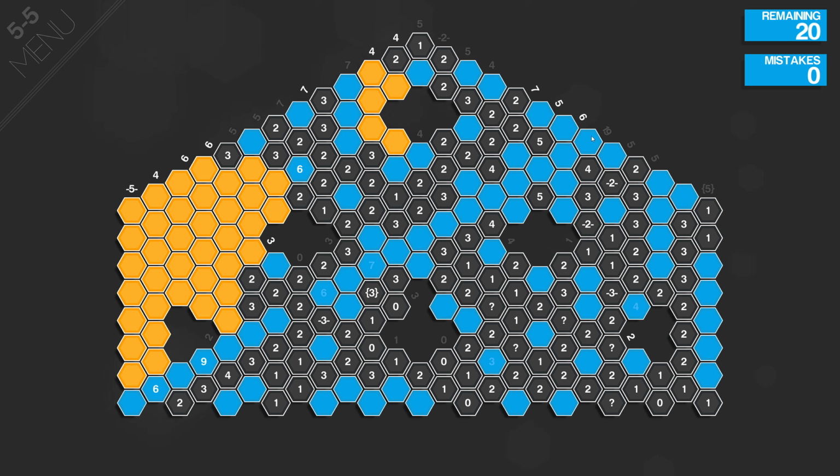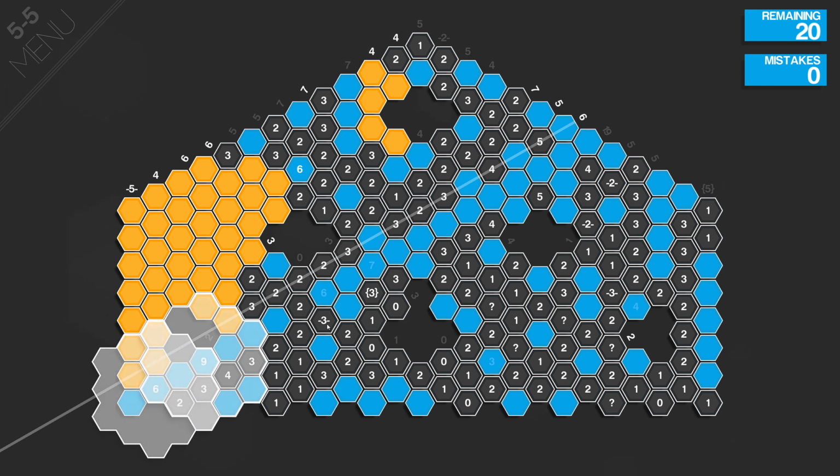How about this? Does this help me? 1, 2, 3, 4. So I need 2 of these to be blue to finish off this diagonal 6. So it must be one of these is not blue. 1, 2, 3, 4.